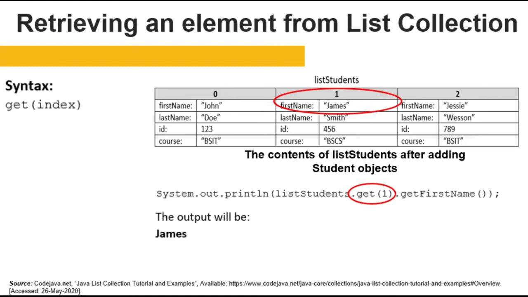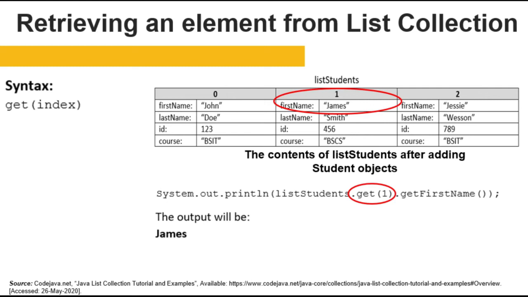System.out.println list students.get. Inside that get method, we specified 1 as a valid index. So considering that 1, we are getting the second element in list students as shown in the table. The student with James Smith as the name. Then followed by the dot getFirstName, which is our defined getter for the first name.